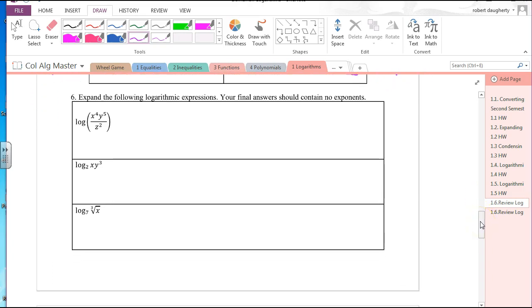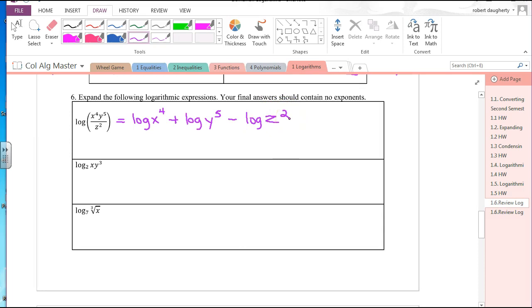Next, we're going to simplify some logarithm expressions. Okay, so we want to simplify and have no exponents left over. So this is using our product, our quotient, and our power rule. So remember, I can write this as the log of x to the 4th plus the log of y to the 5th minus the log of z squared.